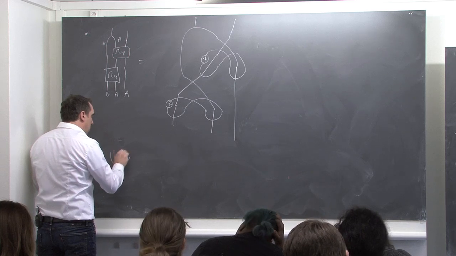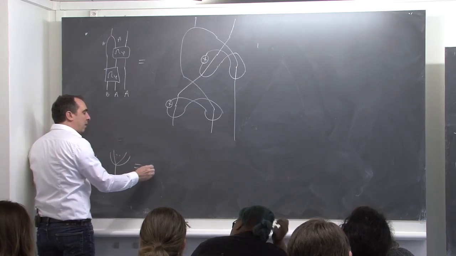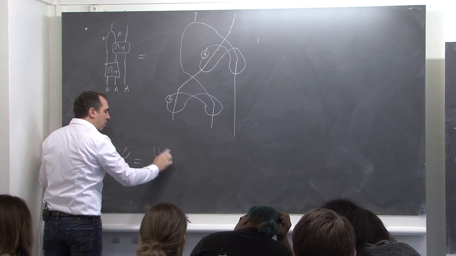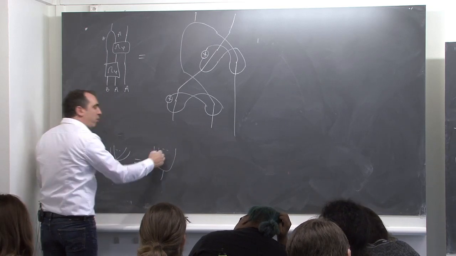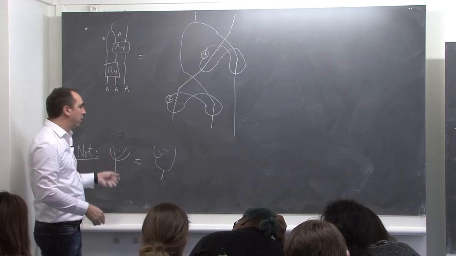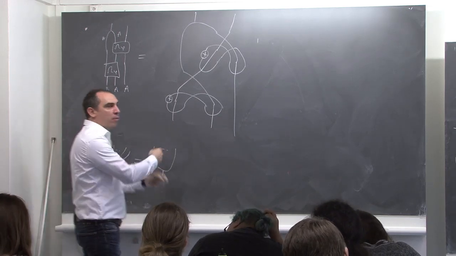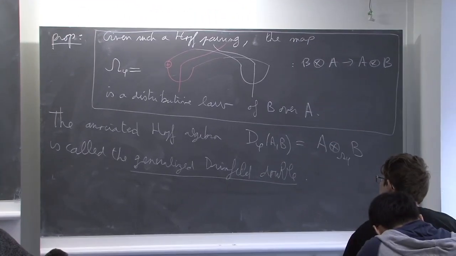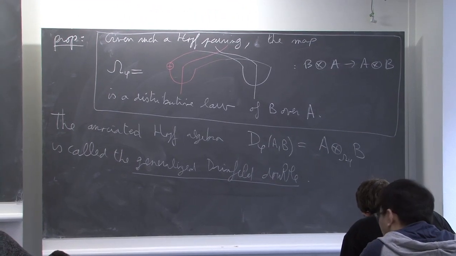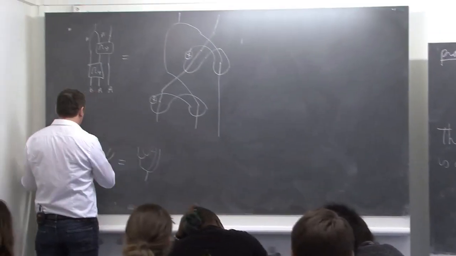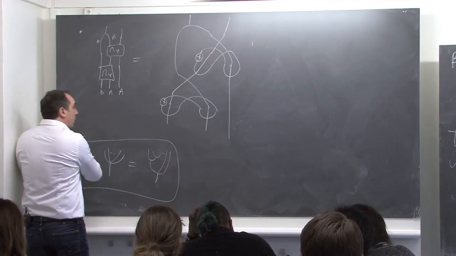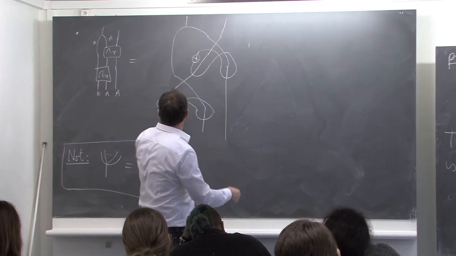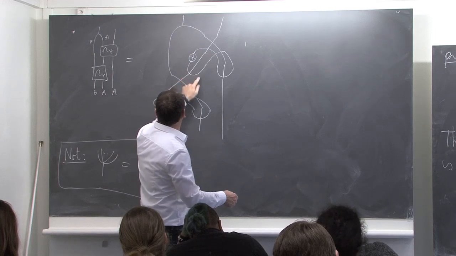If I have several, this means that I put several coproducts. And never mind which way I put the coproduct because of the co-associativity. Now I can slide this here. So what do I have? I have 1, 2, 3, 4, 5.